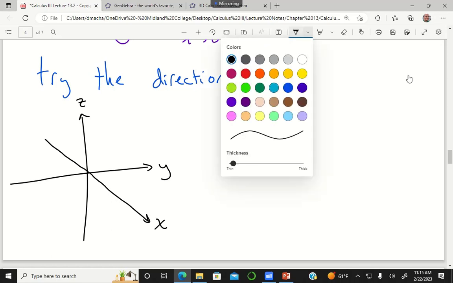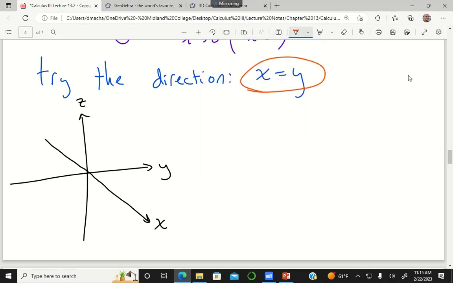Whenever I tell you we're going to try the direction x equals y, what I'm saying is just in the xy plane, there's a line that represents x equals y. This is the x equals y line. And so I'm saying, let me take a trace of my surface along the plane defined by x equals y, and then I'll take a look at what the limit is on that trace.